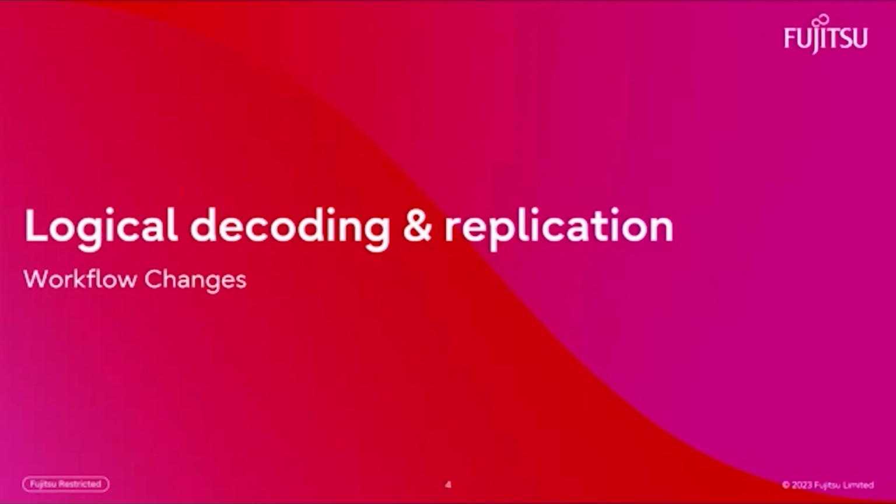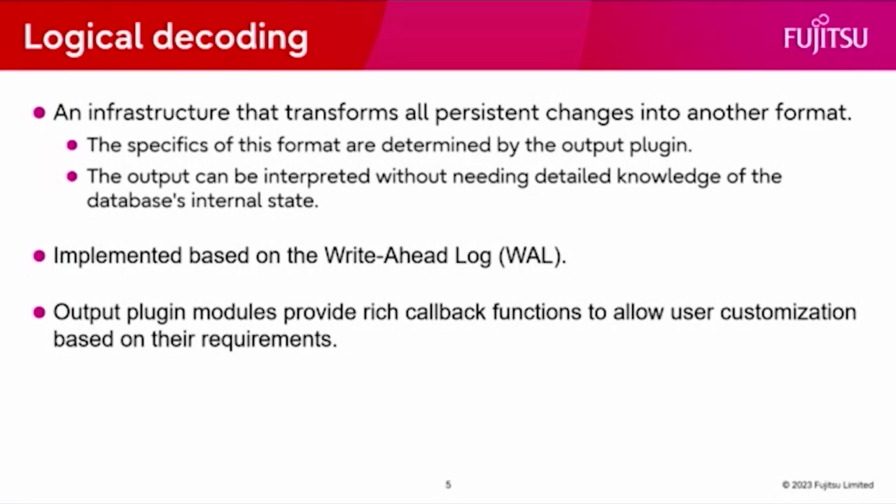Okay, let's start the introduction. I will talk about two concepts, logical decoding and logical replication. Logical decoding is an infrastructure that transforms all persistent changes into another format. The specifics of the format are determined by the output plugin, so users can change it based on their motivation.